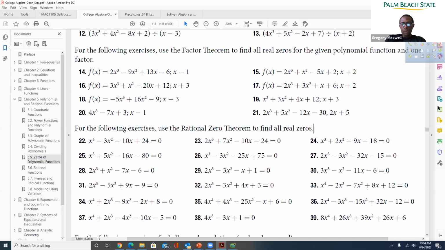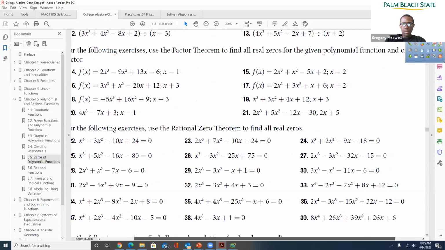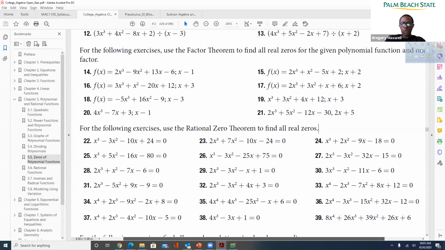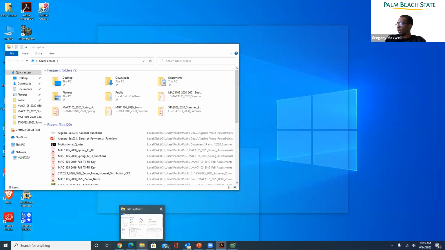So selecting number 21. That is not one of the questions. You're supposed to select from number 22 to number 39. I literally just did number 21.